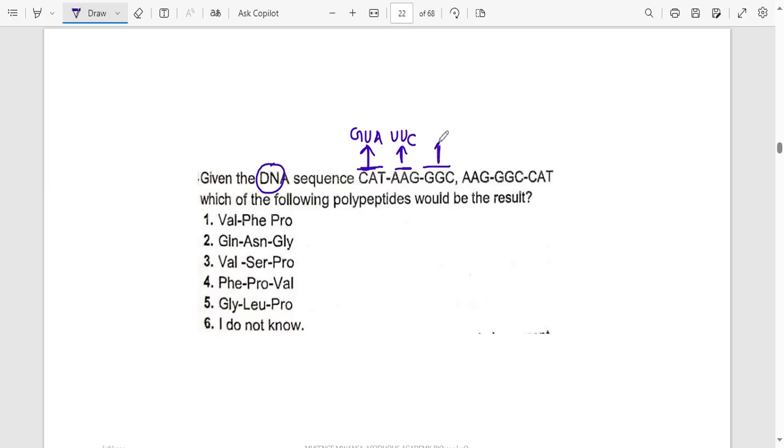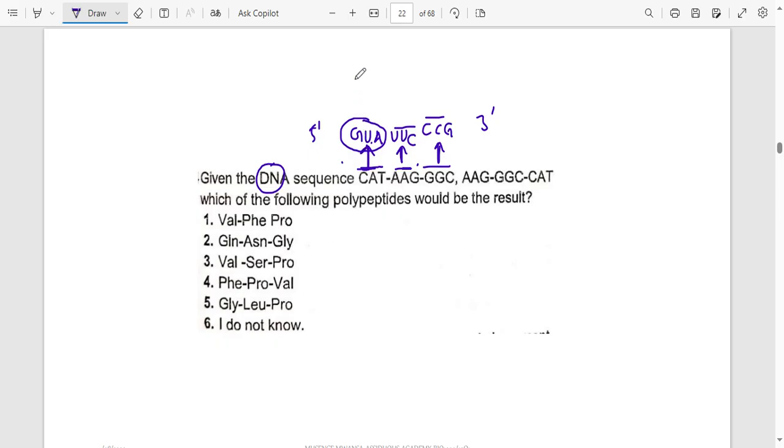C. And then this one, C, C, and then G. Okay. So you go on the genetic code now. Remember when you are forming mRNA from DNA, we read it from the 3' end to the 5' end, meaning this is going to be the 5' end, this is going to be the 3' end. And the genetic code is always read from the 5' end to the 3' end. So GUA, UUC, CCG. So just go on the genetic code, you read this, and then they'll give you the amino acids that are supposed to form.